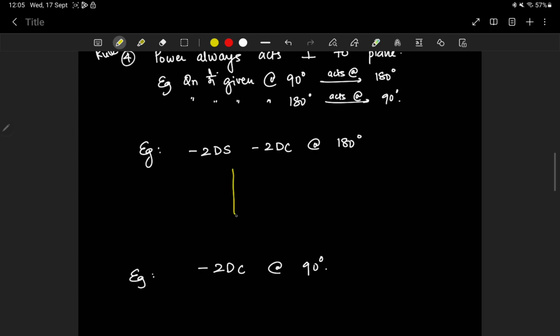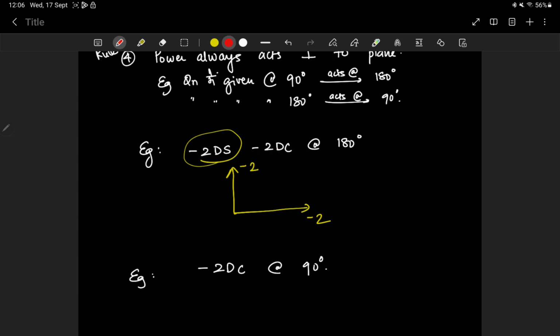First of all, you have to draw two perpendicular lines, and the question given is -2 diopter sphere and -2 diopter cylinder at 180 degree. Because it's a sphere power, the -2 will be given in both the meridians. Now it is saying -2 diopter cylinder at 180 degree.